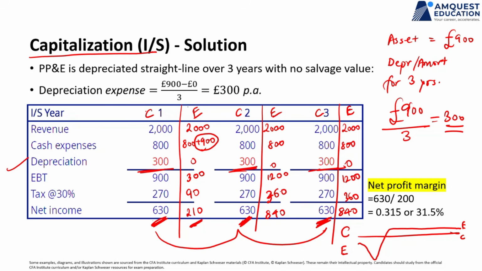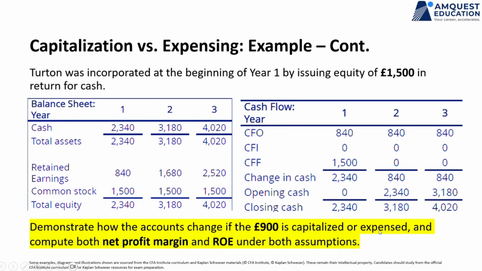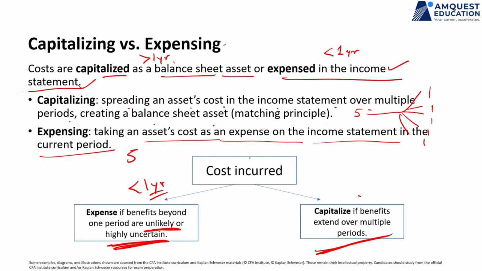So in expensing, we don't do depreciation, because you have spent everything this year only. There is no asset on the balance sheet. If you remember this, in expensing, you don't take anything as an asset. You will just put all the cost as an expense on the income statement. There is nothing in the balance sheet. Everything will be expensed then and there.